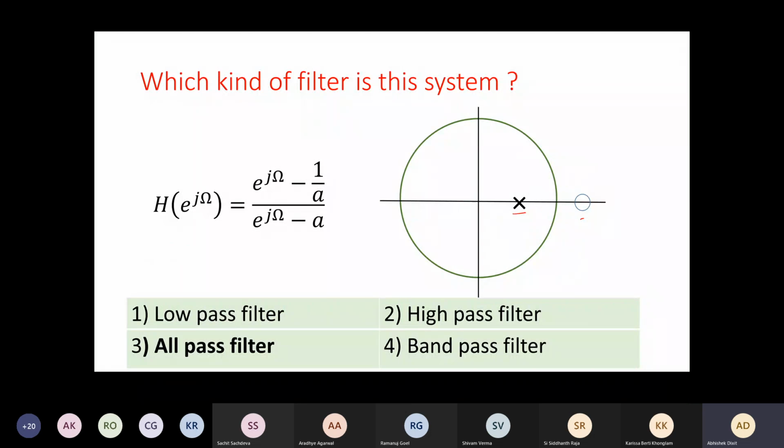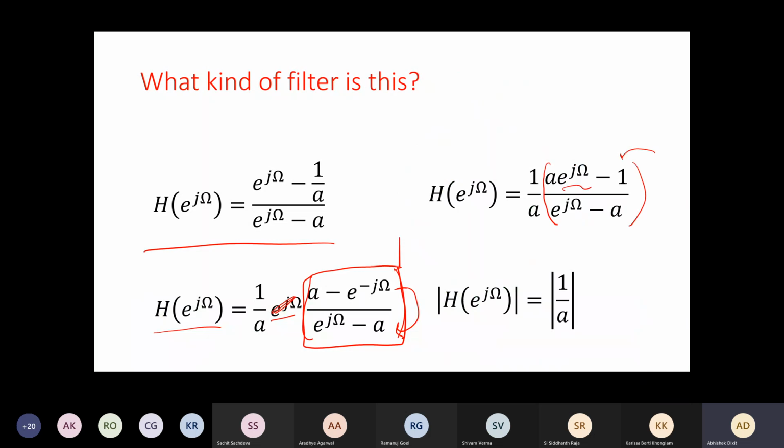Everything is on the real line. So that is what you have to assume. So this part is the complex conjugate of this part. So the magnitude of the numerator and denominator for this part is the same. And thus the magnitude of H(e^jω) is simply 1 by A.